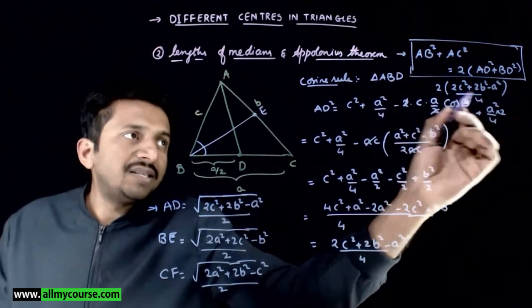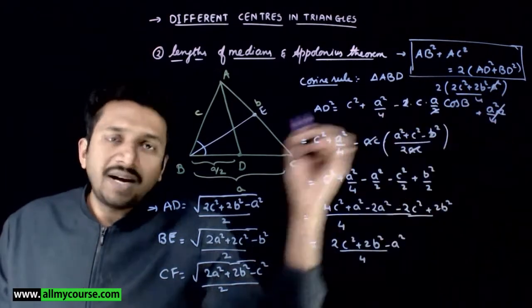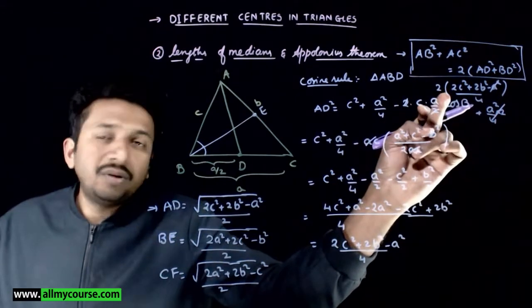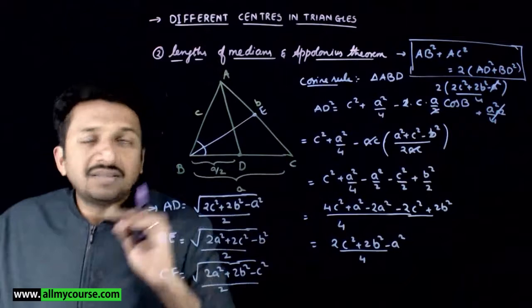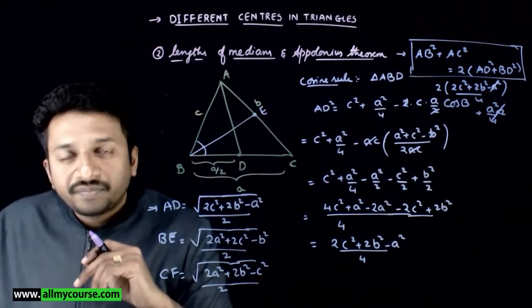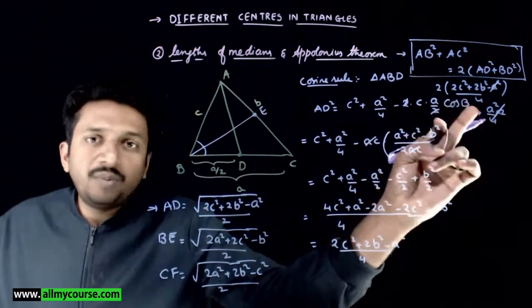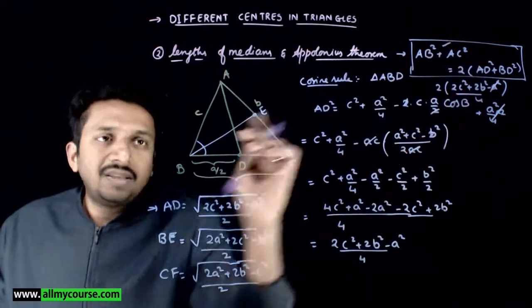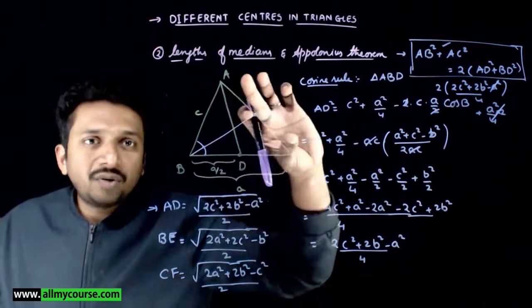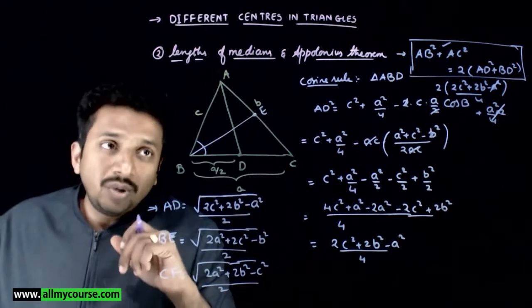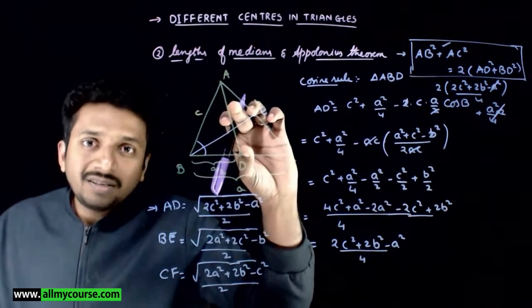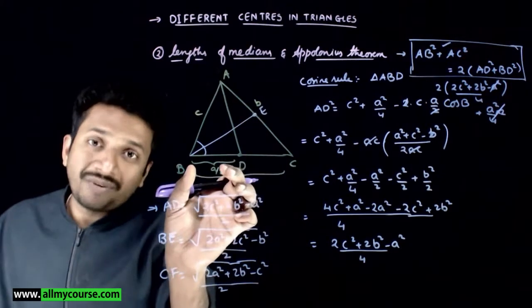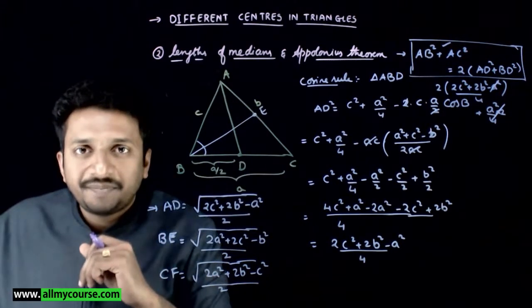As you can clearly see, a square by 2 and a square by 2 get cancelled. So this 2 and 2 get cancelled to give you b square plus c square here. So 4c square plus 4b square by 4 is b square plus c square. So the sum of squares of two adjacent sides is equal to 2 times the square of the corresponding median plus the square of half the opposite side.